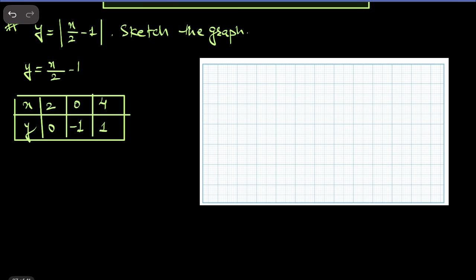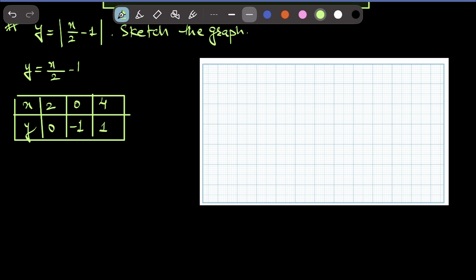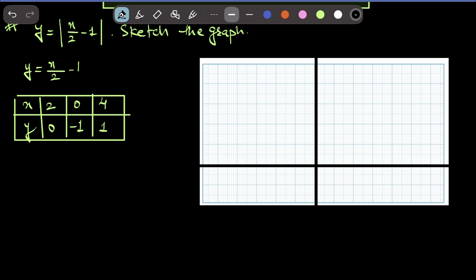Now I am going to plot all these 3 points. First of all, I will plot the x-axis and y-axis. So let's take this as the x-axis and this is your y-axis.